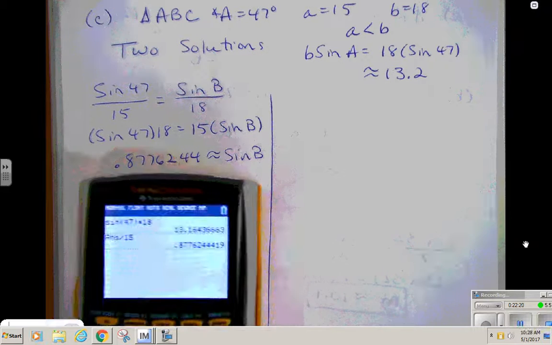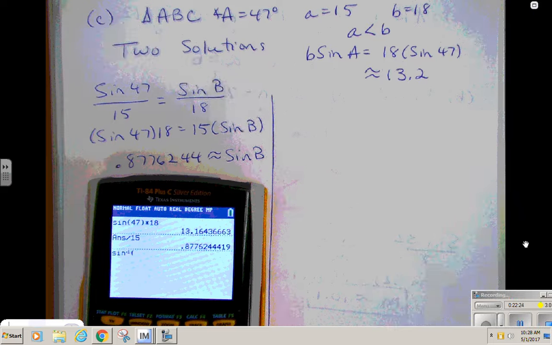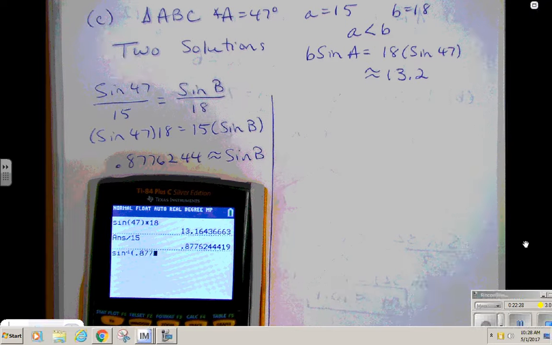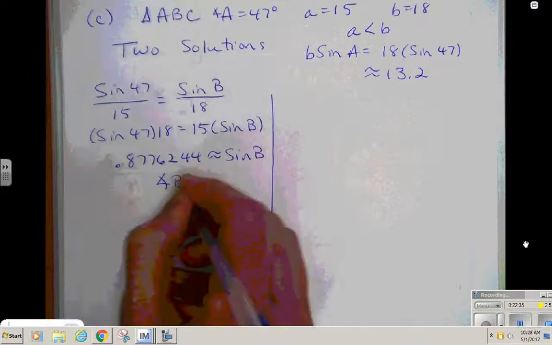So now let's calculate the angle measurement. Second sine, and type in that decimal. And I'm getting that angle B is about 61 degrees.